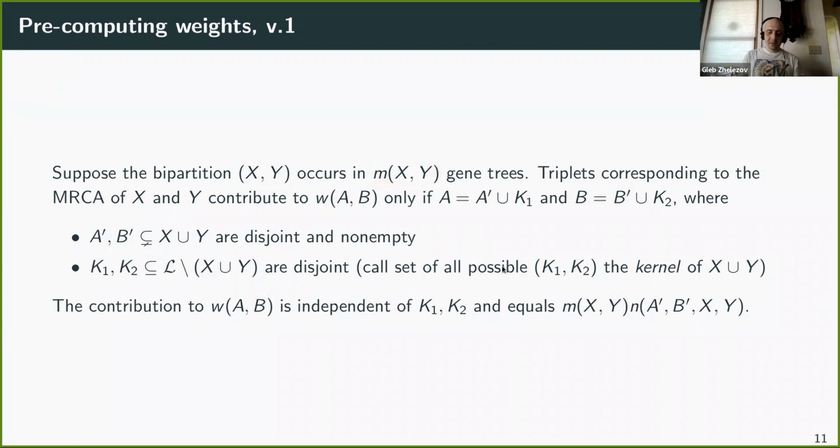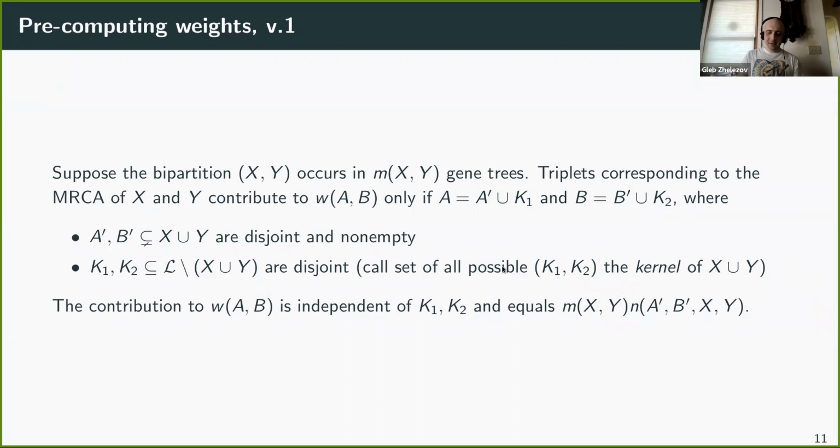So triplets corresponding to the most recent common ancestor of X and Y contribute to the weight WAB only if you can write A as a disjoint union of something kind of like a kernel and something in the co-kernel, I guess.